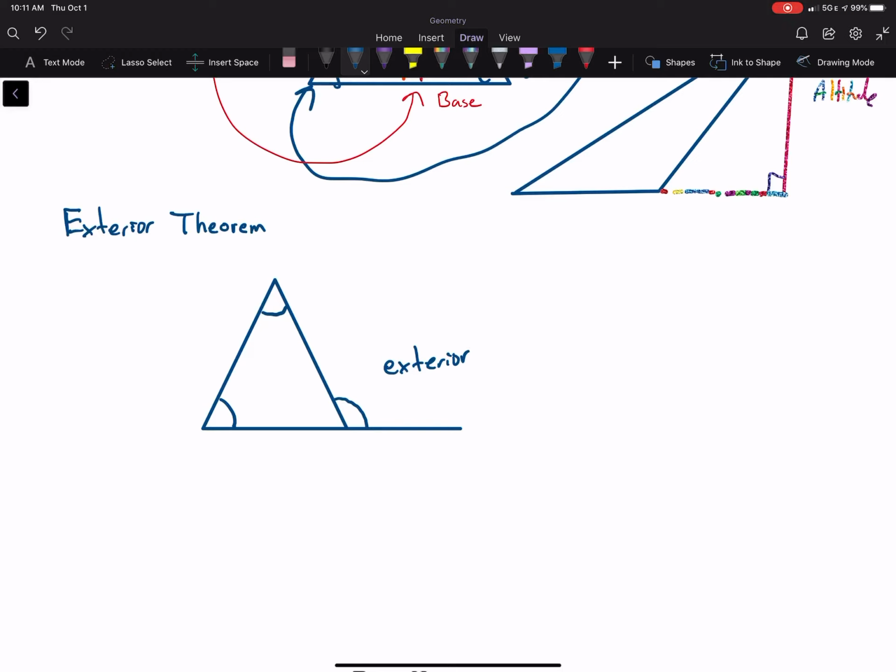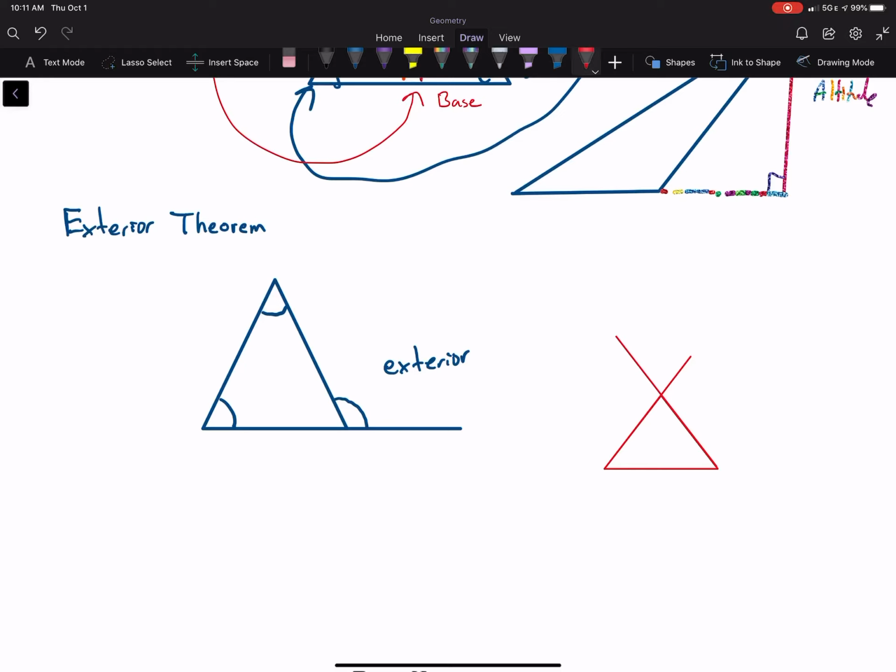Now, totally a side note here, over here in the red, sometimes you'll see a triangle like this, and it will have two lines. If I start a line and go this direction, I see this all the time when I'm helping my students in the BLP with their geometry.